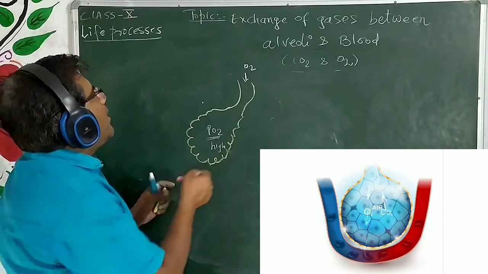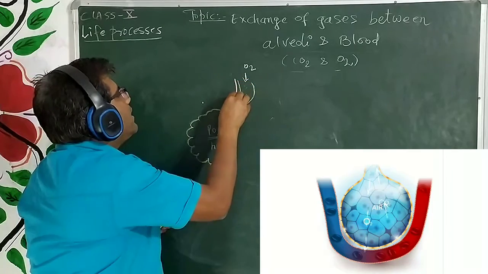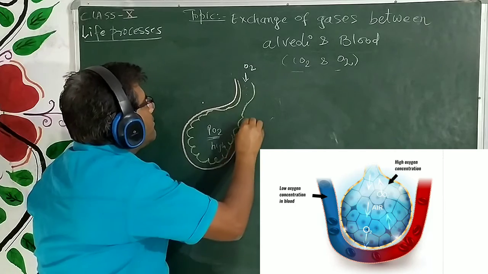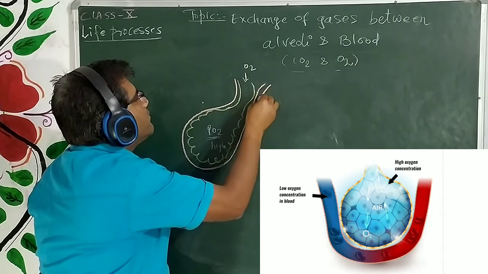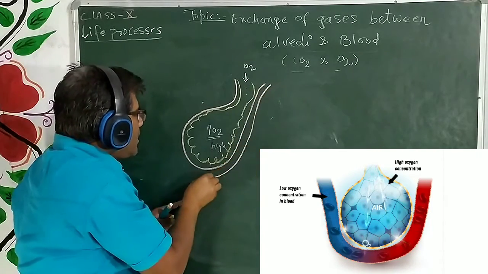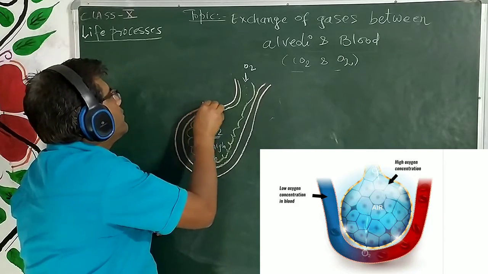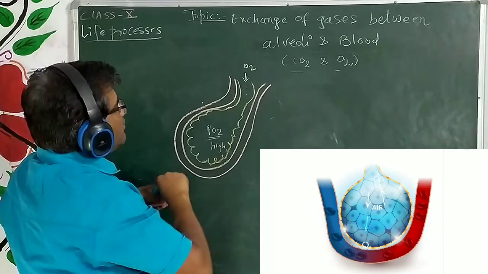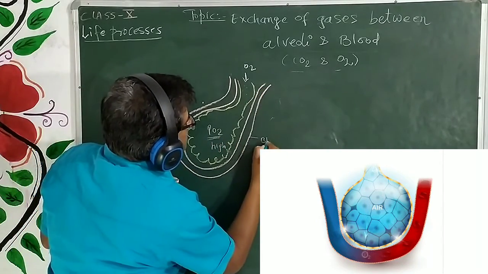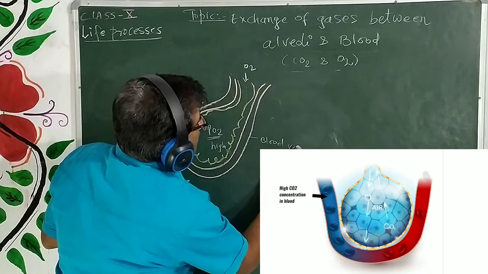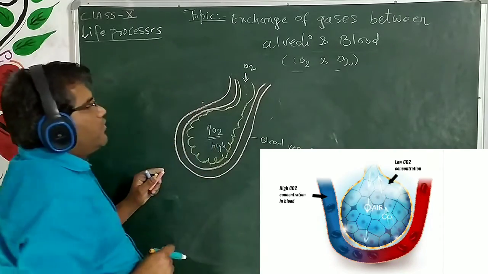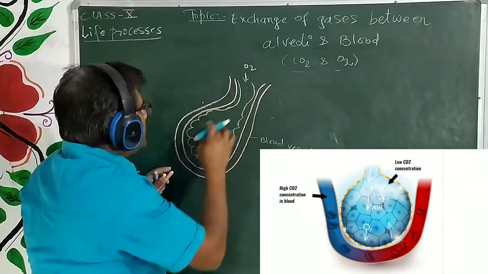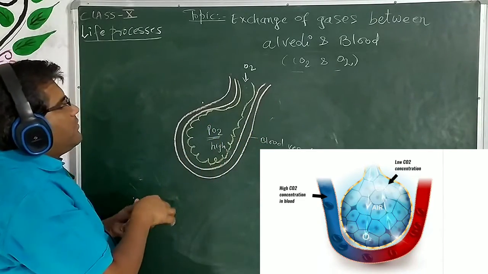Now what happens? Outside the alveoli there are blood vessels. Alveoli are lined with blood vessels, as mentioned in the diagram. The alveolus is a sac-like structure having a thin membrane, and outside it is the blood vessel.